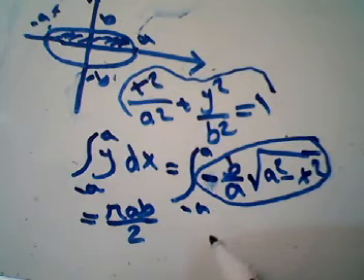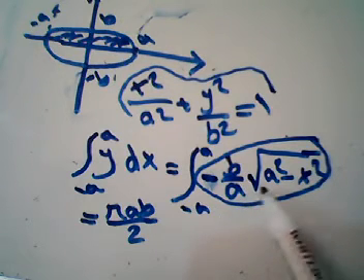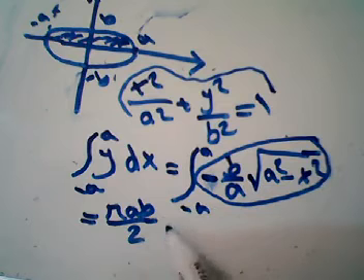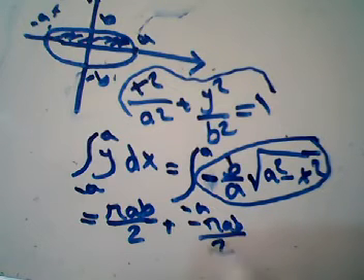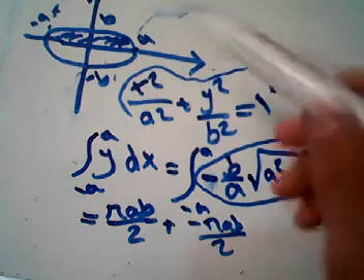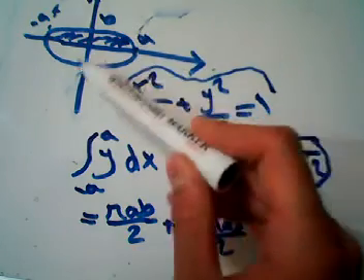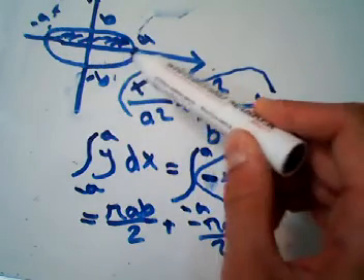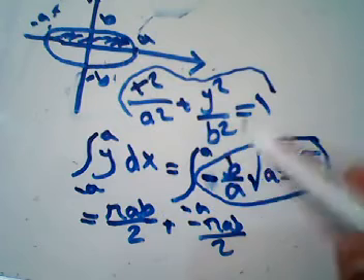But this is negative. This equals negative pi ab over 2. But the area of this equals the absolute value of this integral.